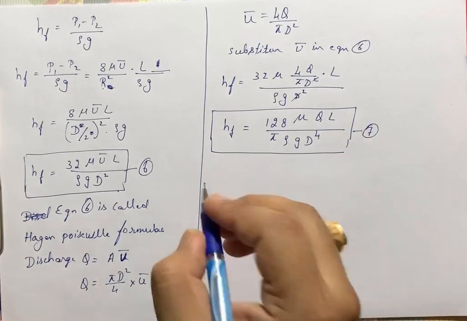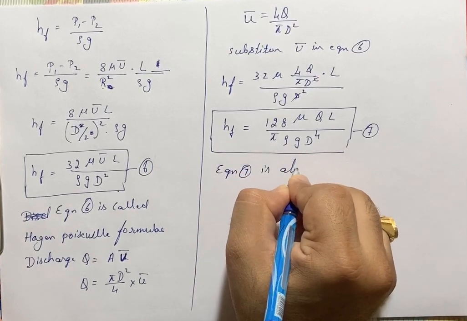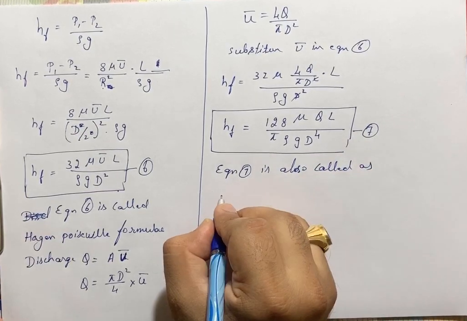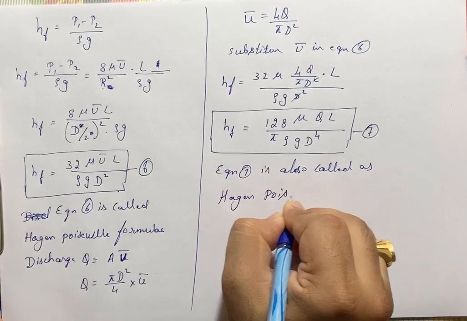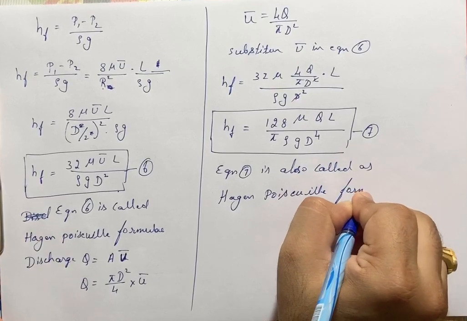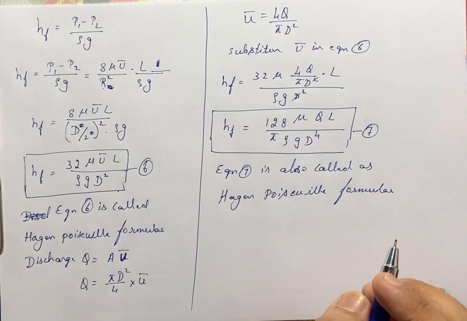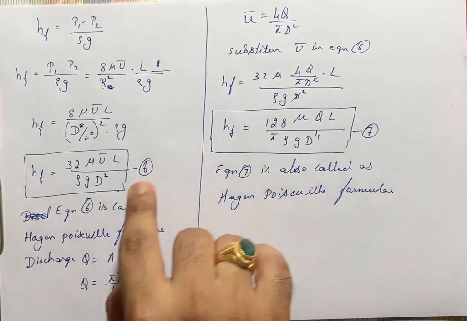This equation 7 is also called the Huygens-Poiseuille formula. This is how we derive the expression for the head loss due to friction in flow through pipes, the Huygens-Poiseuille equation.